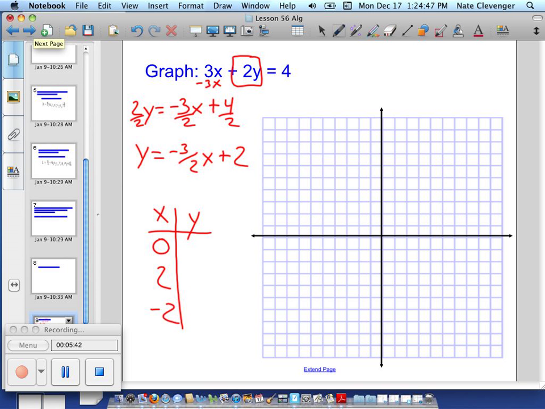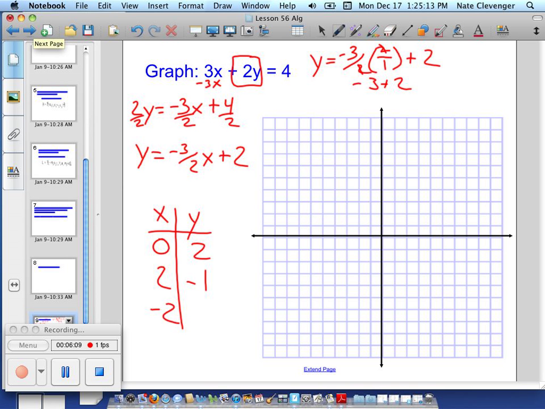Plug in 0: negative 3 halves times 0 plus 2 is 2. The arithmetic on that shouldn't be very hard. If we plug in positive 2, I'm going to write that 2 as a fraction by putting it over 1. The 2's eliminate, so that's negative 3 plus 2, negative 1.